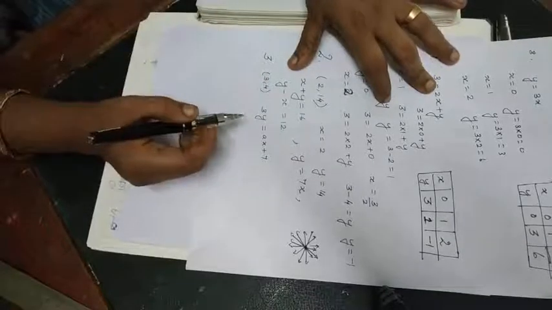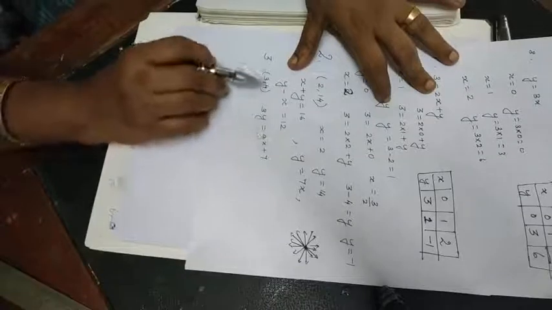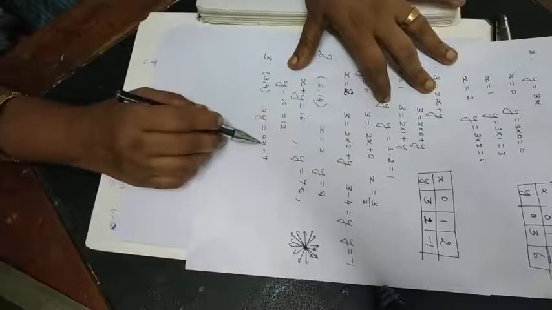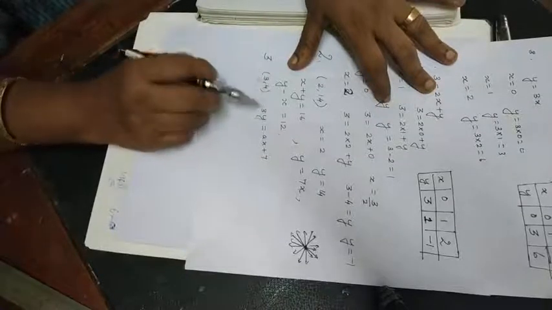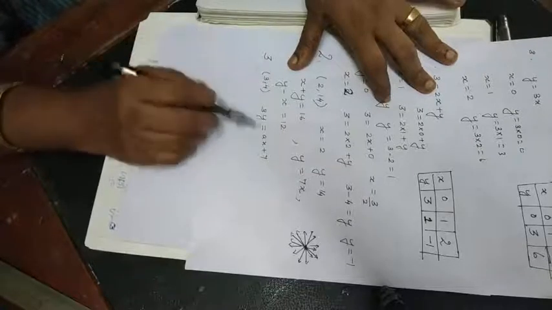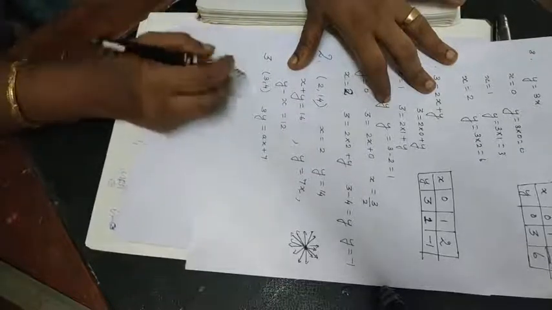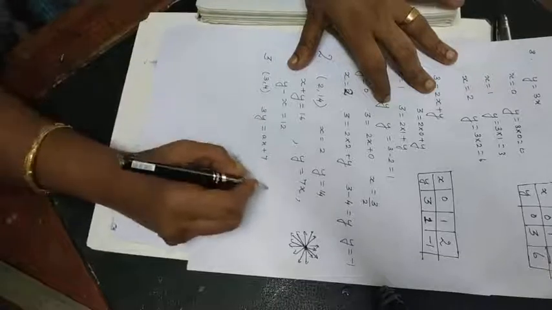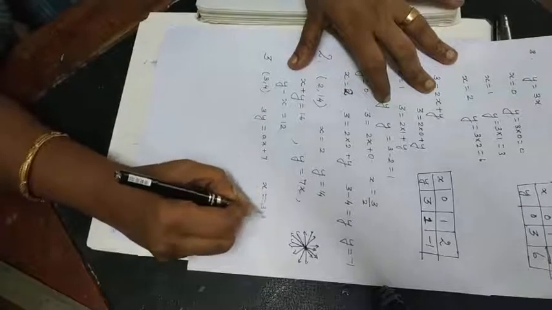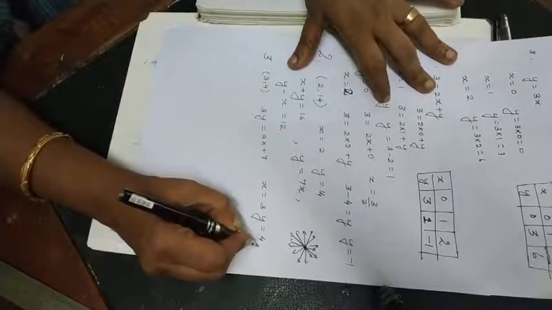If you give the value of x, that is 3, and the y value 4, it will satisfy this equation. So let us put x is equal to 3 and y equal to 4 in this equation.